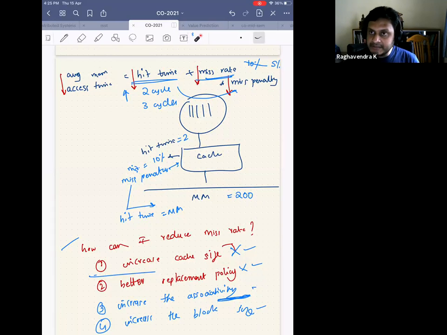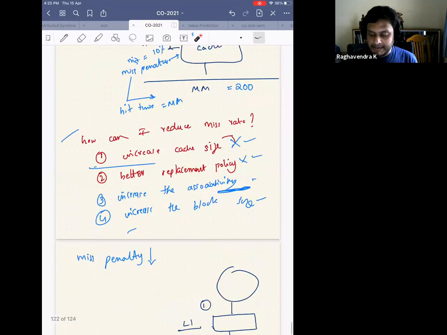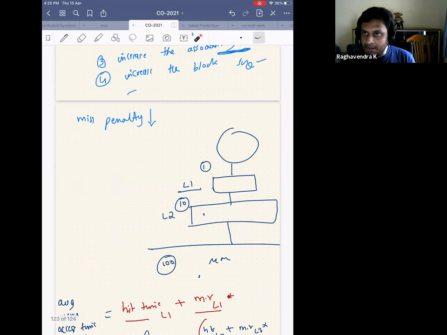So if I want to decrease the hit time, I can decrease the cache size. If I decrease the cache size, yes, hit time reduces, but the miss rate increases. So then we said, okay, we want to reduce the miss penalty. Maybe one way to reduce the miss penalty is to have multiple levels of cache. So I have L1 cache, L2 cache. I have a small cache, very close to the CPU, the closest to the CPU, where the hit time is 1, but the size is maybe around 8 kilobytes to 32 kilobytes.